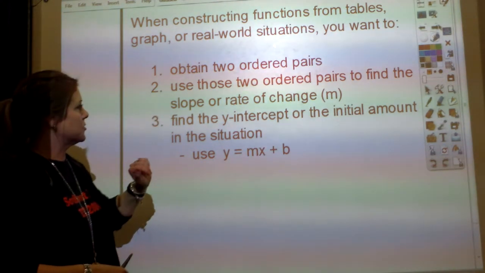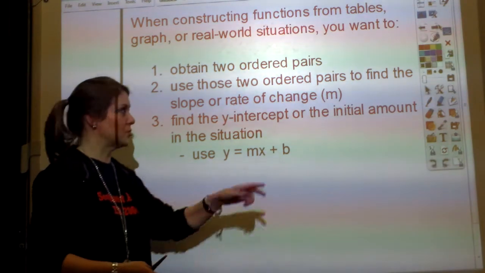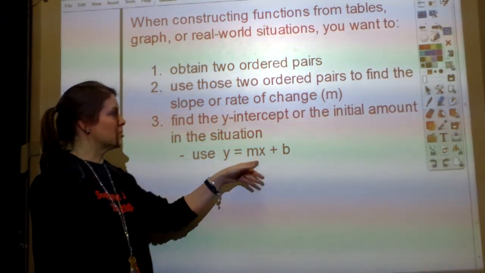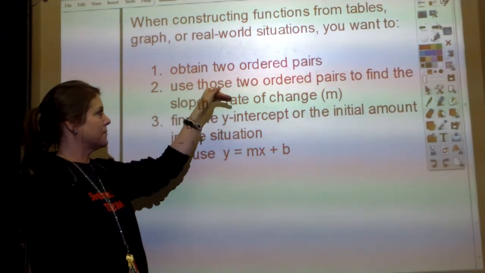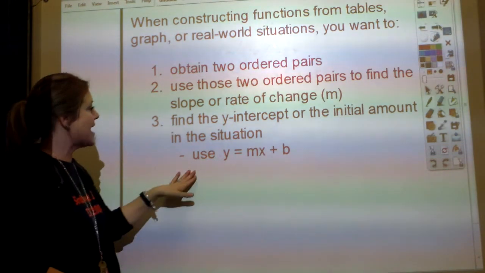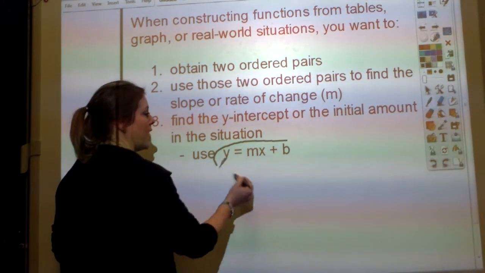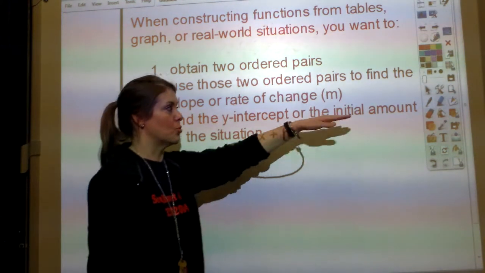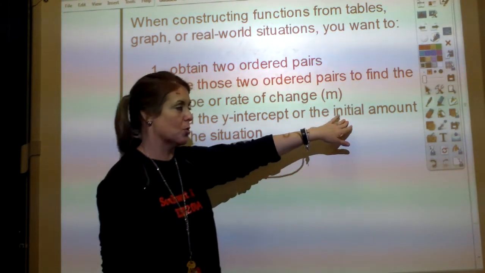Use them to find the slope or the rate of change, which is the m value in our slope-intercept equation. And then last, you're going to use the y equals mx plus b equation to get the y-intercept, or that initial value or amount.